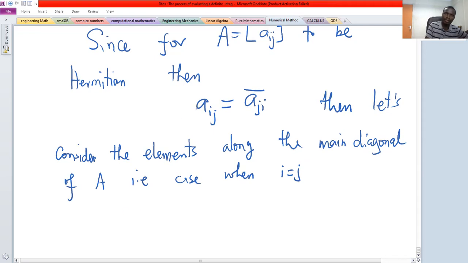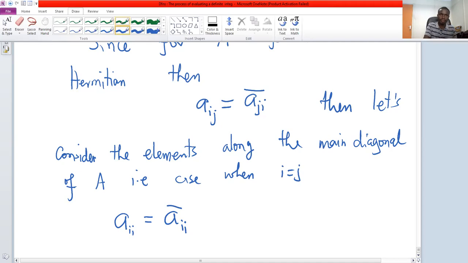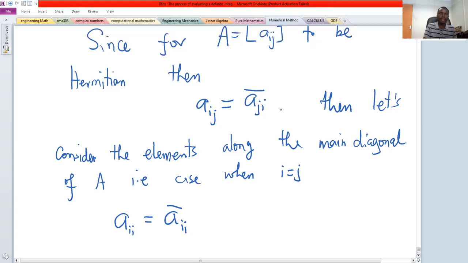That means we need to have aii equal to the conjugate of aii. And this is only possible for an element to be the same as its conjugate if that complex number is purely real.